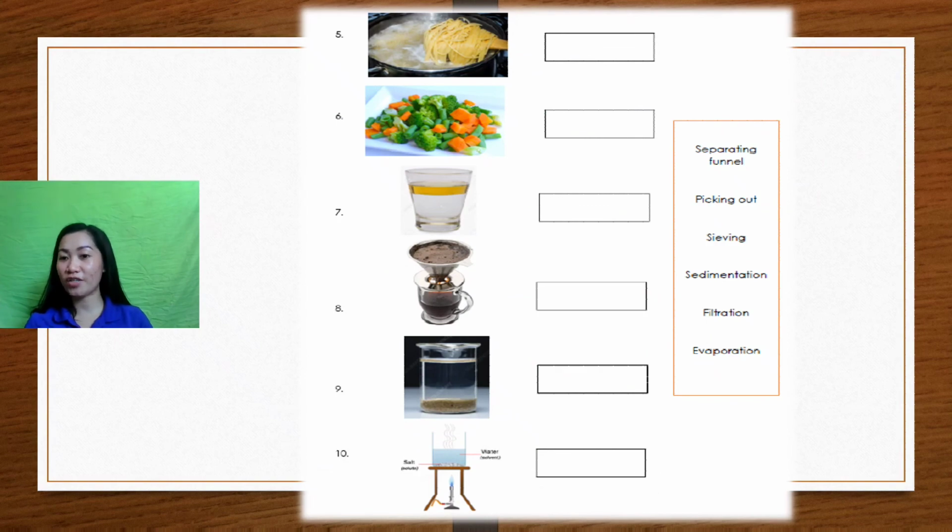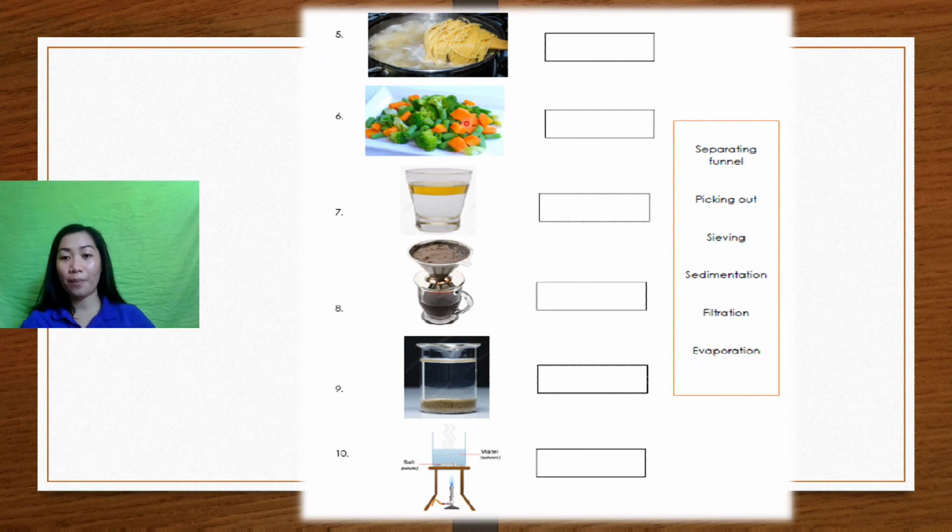And for part 2 of your worksheet, you have to choose the correct answer: separating funnel, picking out, sieving, sedimentation, filtration, and evaporation. For number 5, how will you separate the spaghetti noodles from the water?